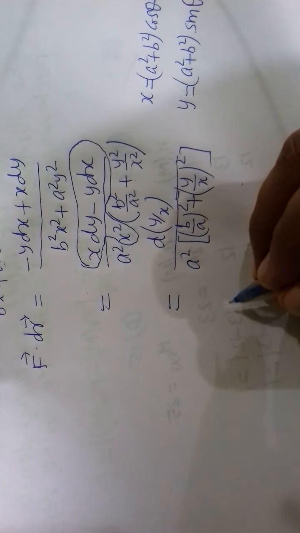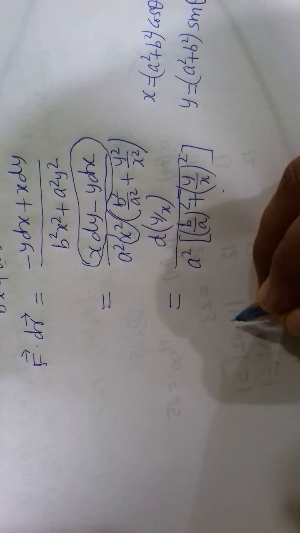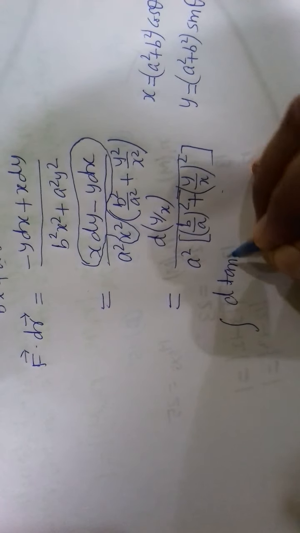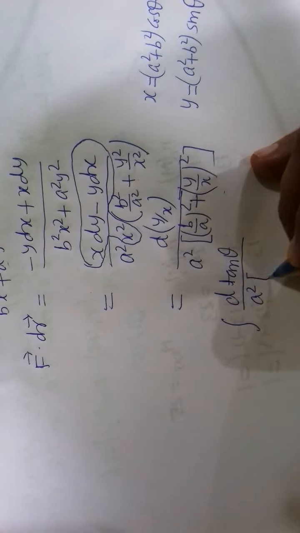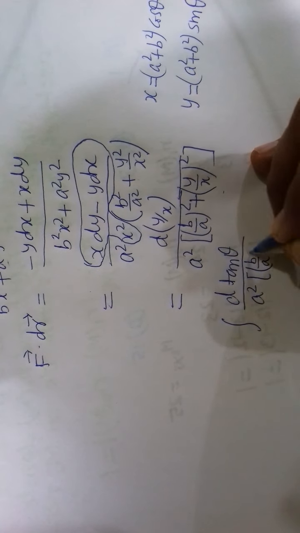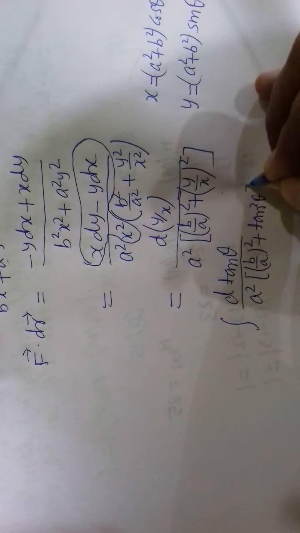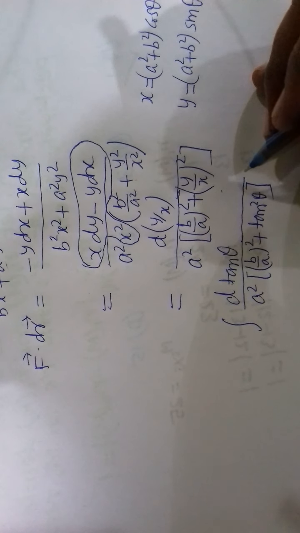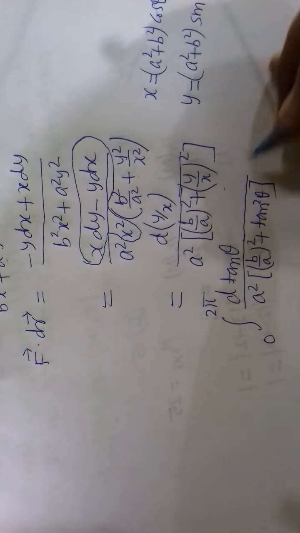So the whole thing, integration of this will be d(tan theta) by a square ((b by a) square plus tan square theta), and theta goes from 0 to 2 pi.